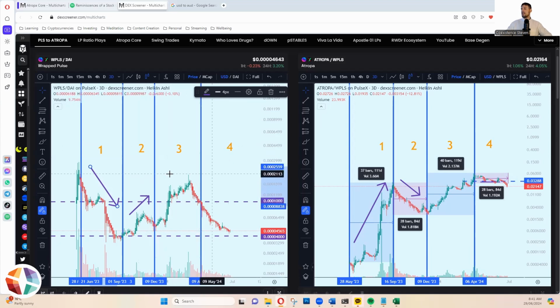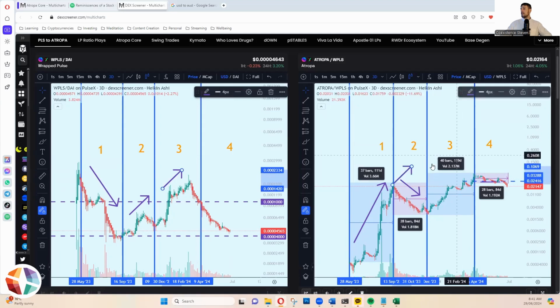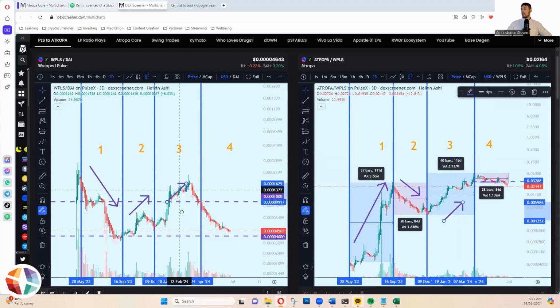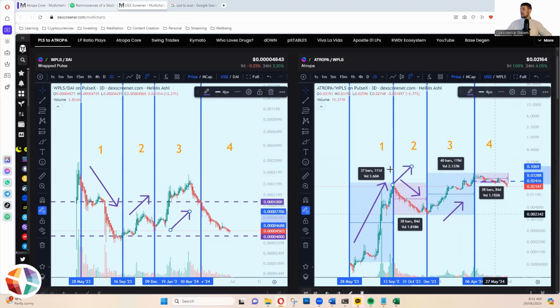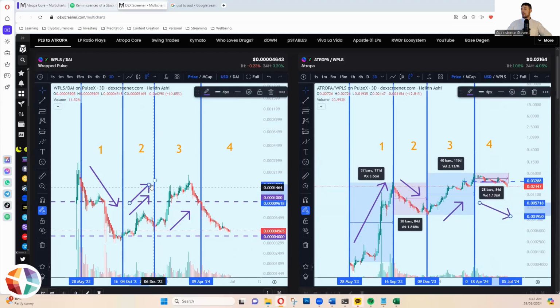So we see that they're moving basically the same way. So now we've had a bull phase in phase 3 with the Atropa ecosystem. Let's put this down to the bottom now, actually. And then here we've seen a bear phase within the Atropa ecosystem, and we've seen a bear phase within Pulsechain.